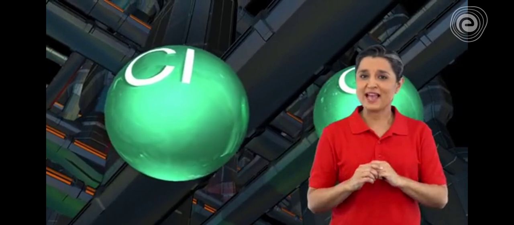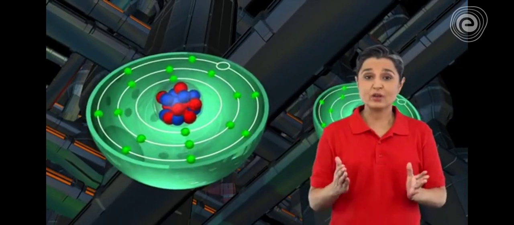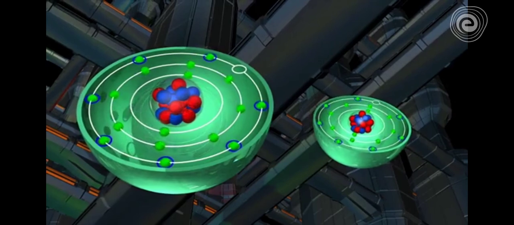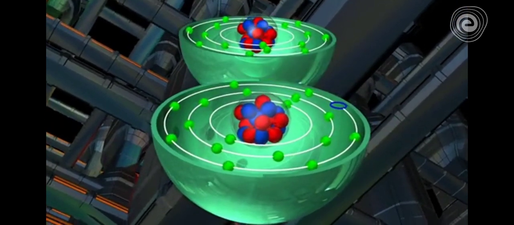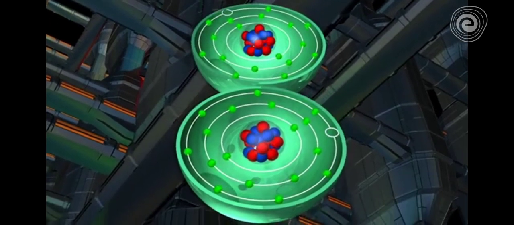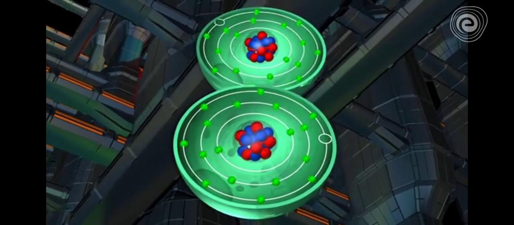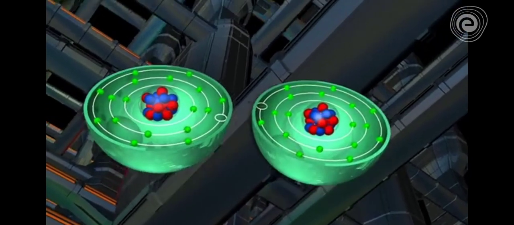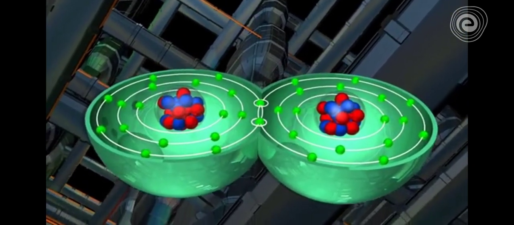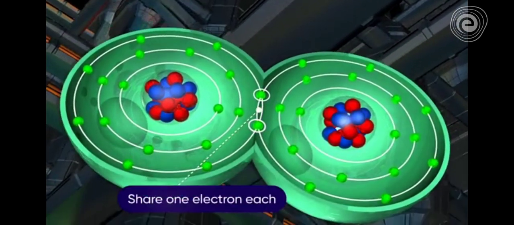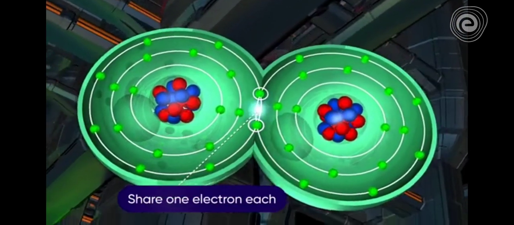On the other hand, consider 2 chlorine atoms having the electronic configuration 2, 8, 7 approaching each other. As you can see, each chlorine atom needs 1 electron to complete its octet. In this case, instead of gaining or losing electrons, both the chlorine atoms share 1 electron each.